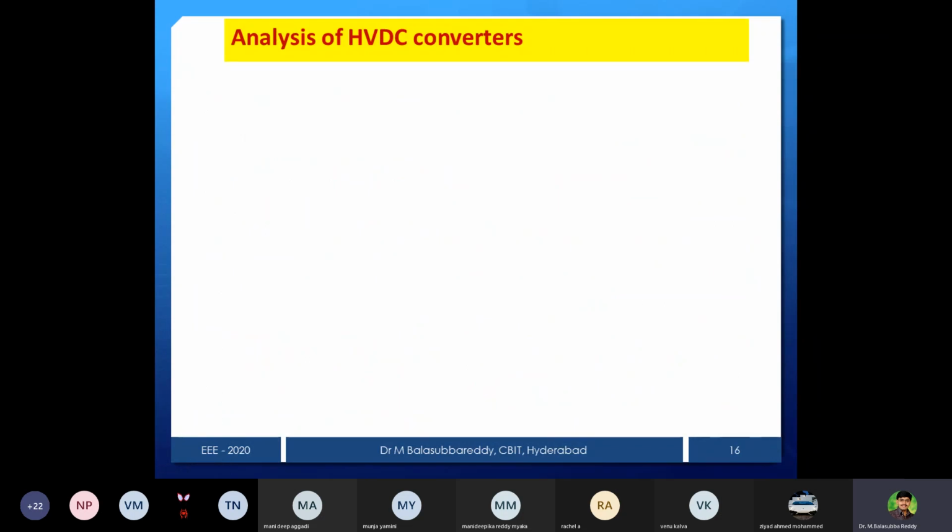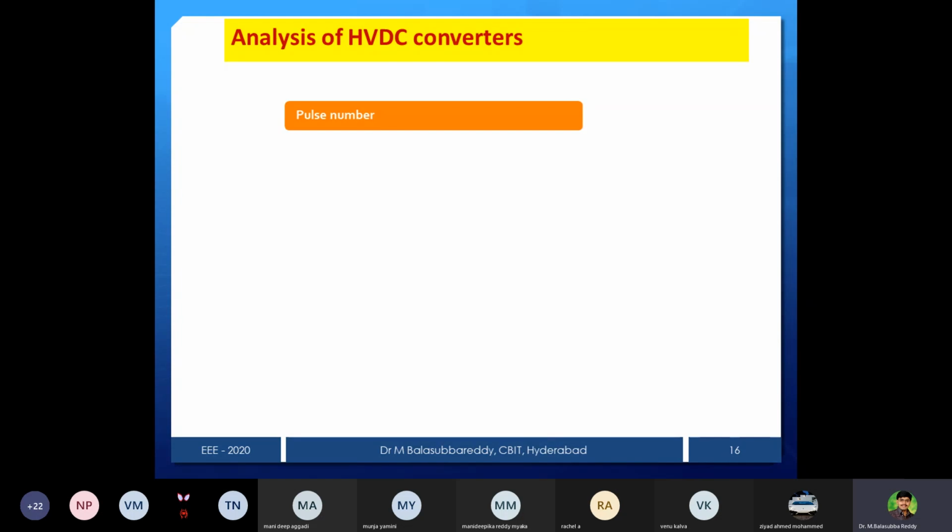Now there is the analysis of HVDC converters, and there are some topics we need to cover. The first is the pulse number: as we discussed, why we need to increase the pulse number, and what will happen when we connect p number of pulses in parallel.